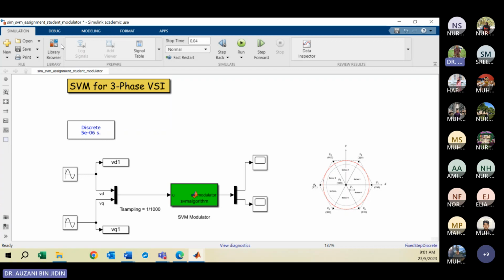Control Z. Okay, so please remove these two blocks. You delete. This one also delete. Then connect directly.